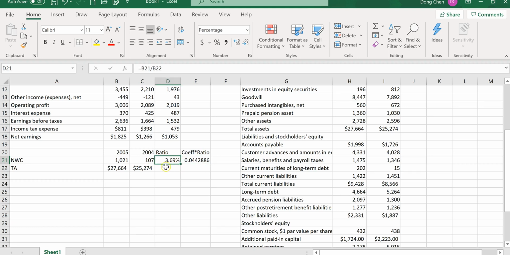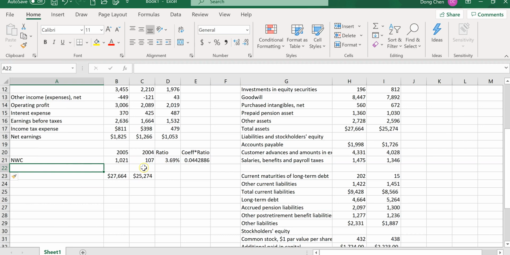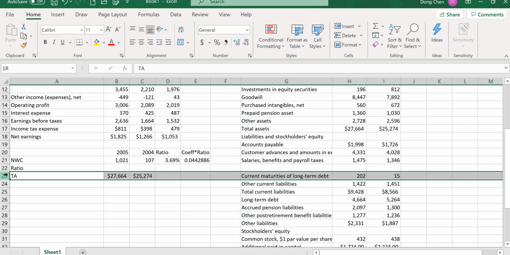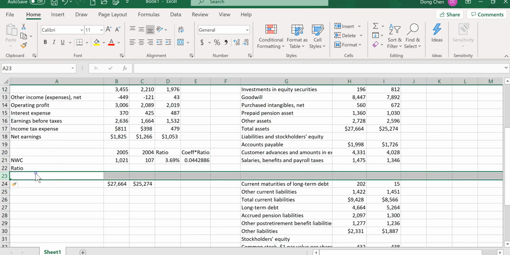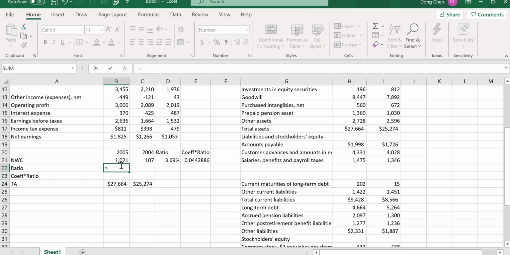I think it's better to do this, because we do want to just change the cell: ratio, and coefficient times ratio.